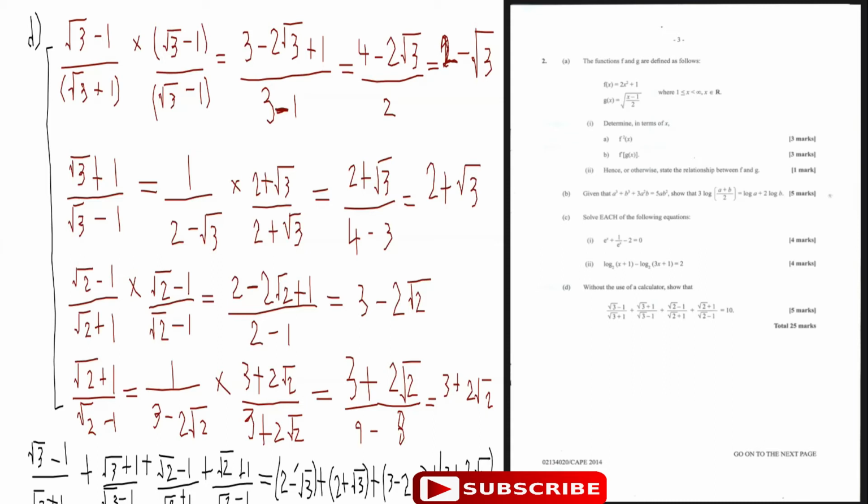As you can see right here, 2 plus 2 is 4, 4 plus 3 is 7, 7 plus 3 is 10. Minus root 3 plus root 3 becomes 0, minus 2 root 2 plus 2 root 2 becomes 0, and so all of this works out to be equal to 10. So this proves it works out to be 10.